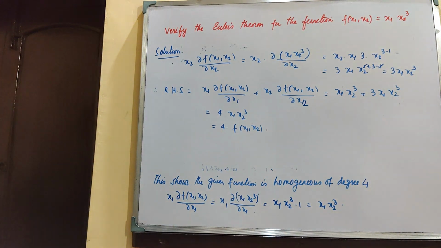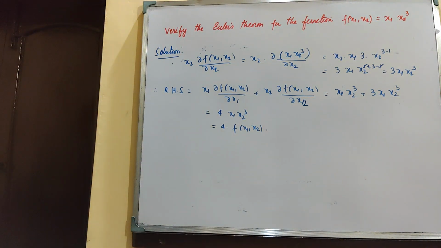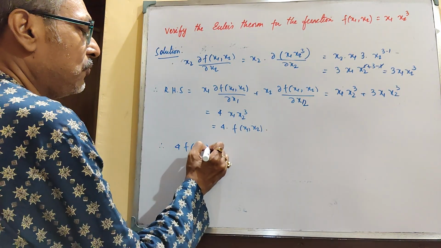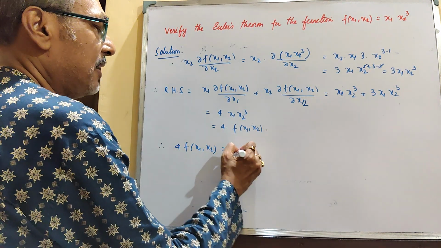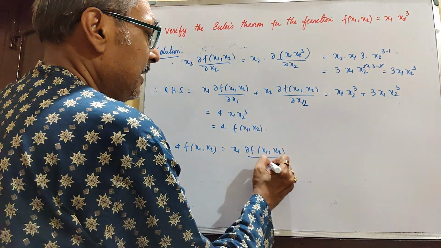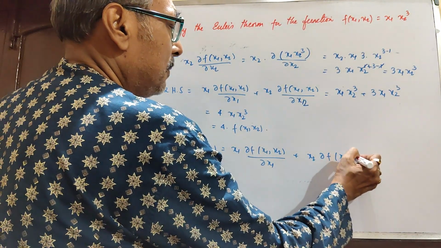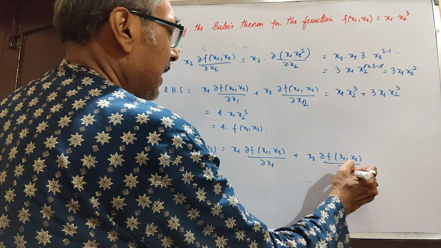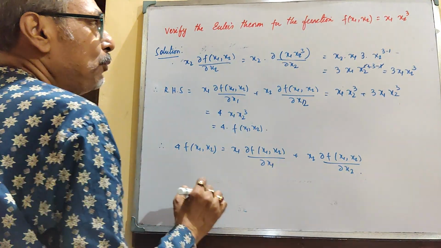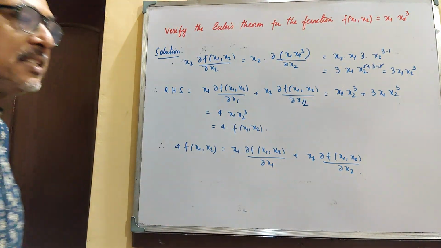Hence, we verified the Euler's theorem for this given function, that is 4 into f of x1 comma x2 equals x1 del f by del x1 plus x2 into del f by del x2. Hence, we have proved that the Euler's theorem is verified for this function.